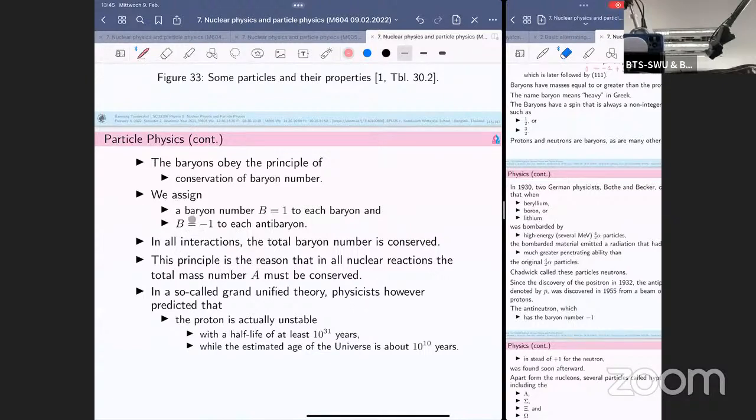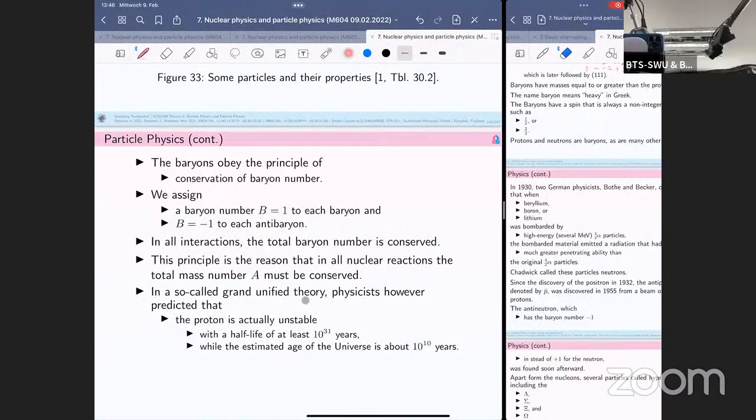Okay, B equal to -1. And in all interactions, the total baryon number should be conserved, should be equal to each other, whether before the reaction or after the reaction. This principle is the reason that in all nuclear reactions, the total mass number A must be conserved.